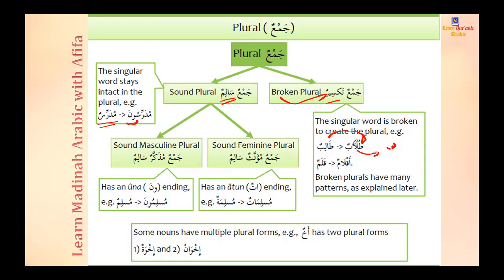Notice how there's an alif and how there is a fatha on top of the lam. Here there is a kasra. So the word has undergone changes. Similarly, as you noticed here, qalamun, pen, the plural is aqlam. It has undergone changes. So these are broken plurals to be covered in a future lesson, inshallah.